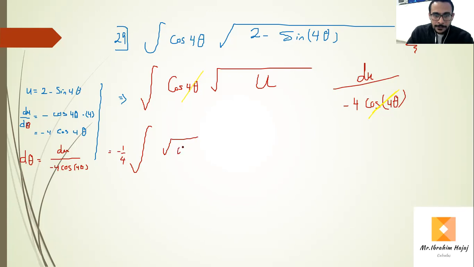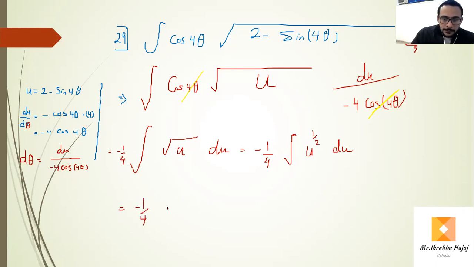Now the integral of radical u du. The final answer is negative 1 over 4 times the integral of u to the power half du. Integrating, u to the power half becomes u to the power 3 over 2 divided by 3 over 2.